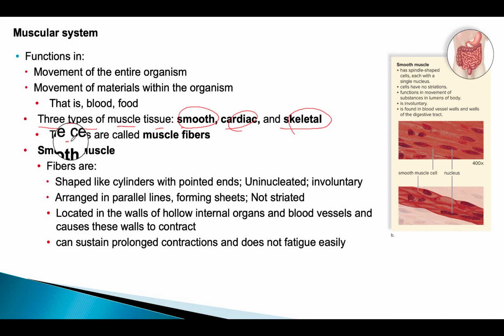The cells, specifically when we talk about the muscles, are called muscle fibers. Remember in the very beginning when we were talking about cells, if this is a cell, for example, over here, this is a nucleus of the cell, and then you have different organelles within it. The mitochondria here, for example, a lysosome right over here, a peroxisome right over here, and so on and so forth.